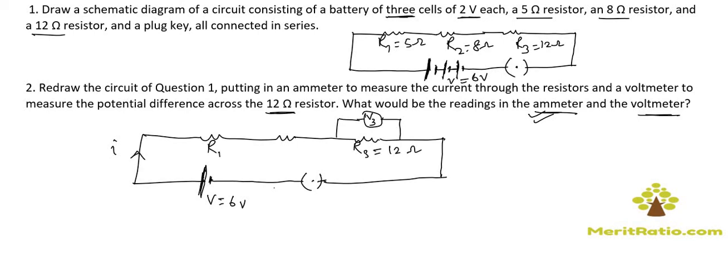This is R1, this is R2, and the value of R1 is 5 ohm, the value of R2 is 8 ohm. In this question it is also asked to put an ammeter, so we are required to put an ammeter at this place. This is our ammeter.